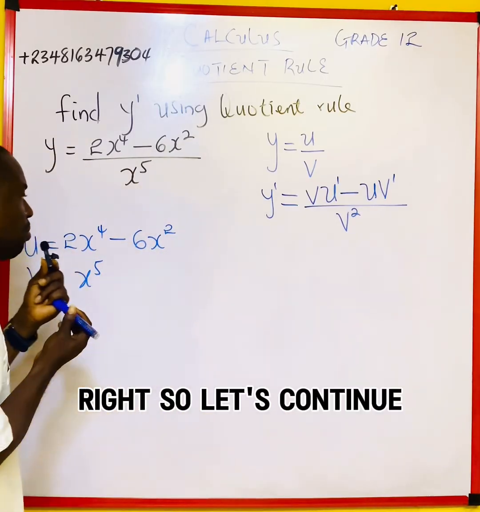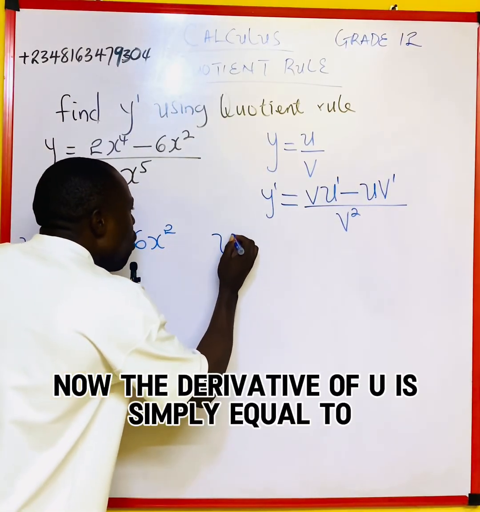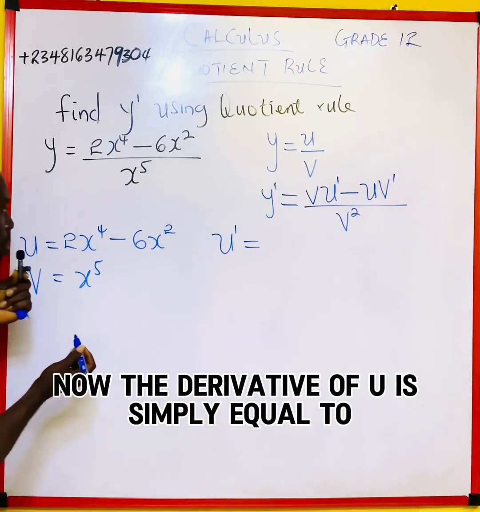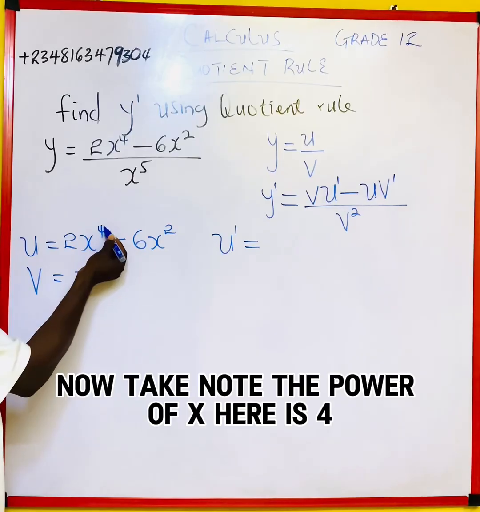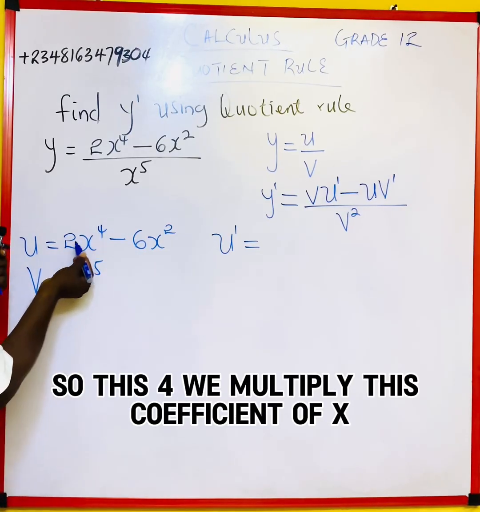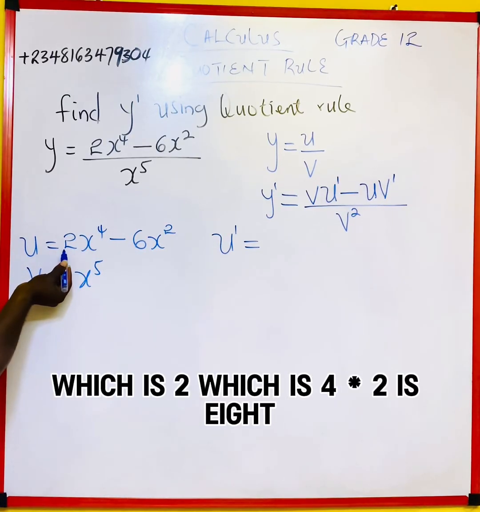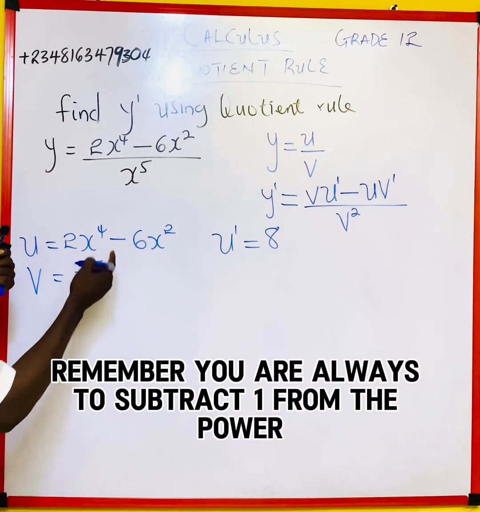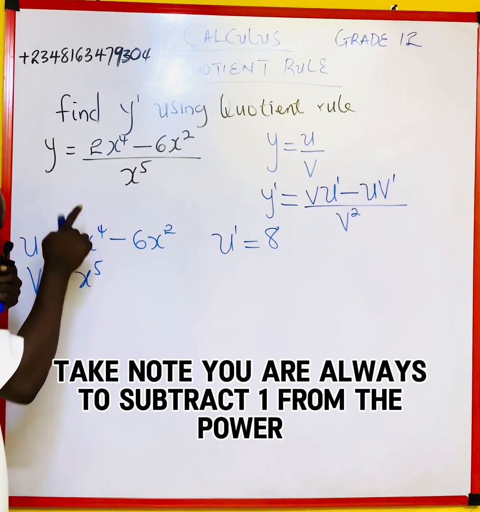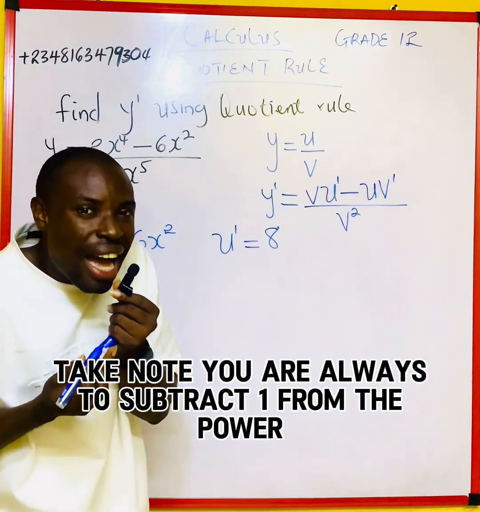So let's continue. Now, the derivative of u is simply equal to, now take note, the power of x here is 4. So this 4, we multiply by the coefficient of x, which is 2, and 4 times 2 is 8. Remember, you are always to subtract 1 from the power. Take note, you are always to subtract 1 from the power.